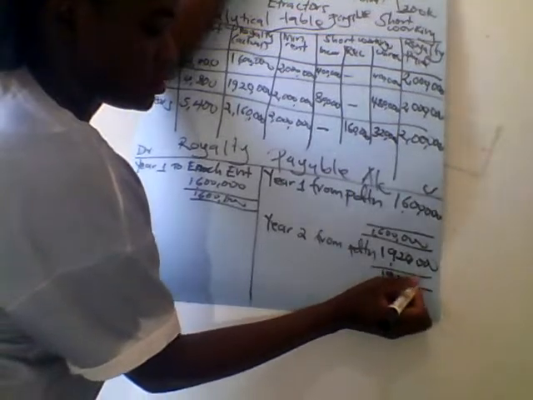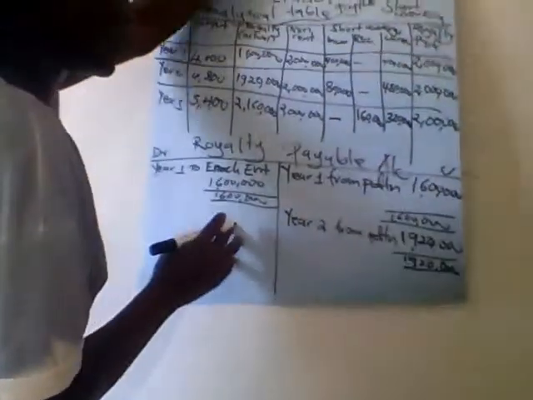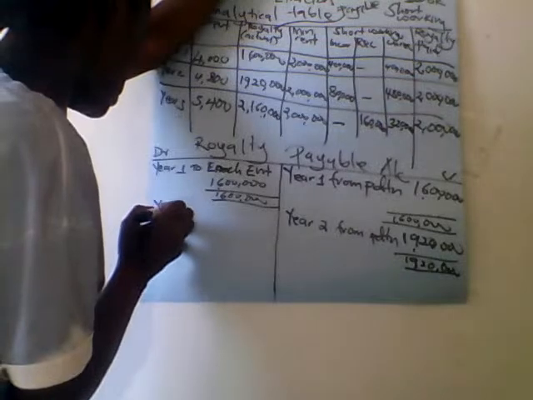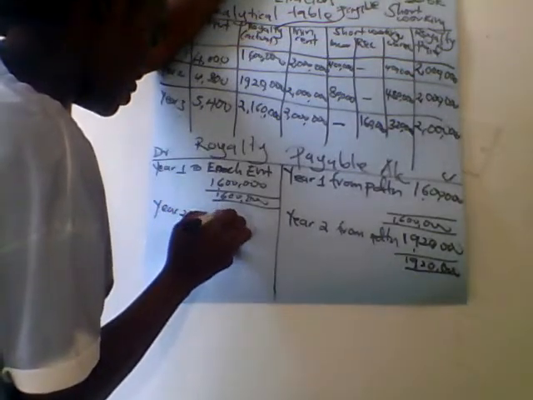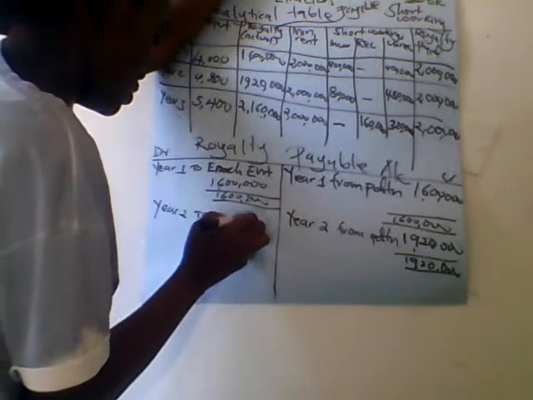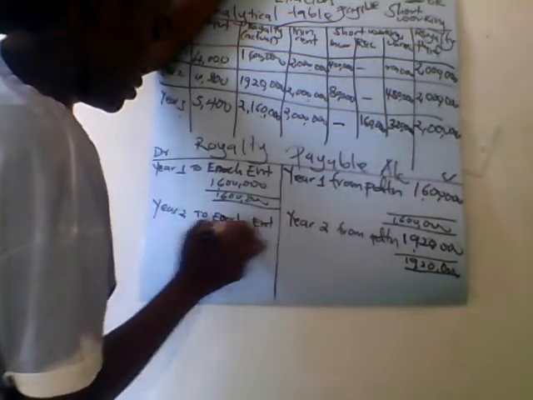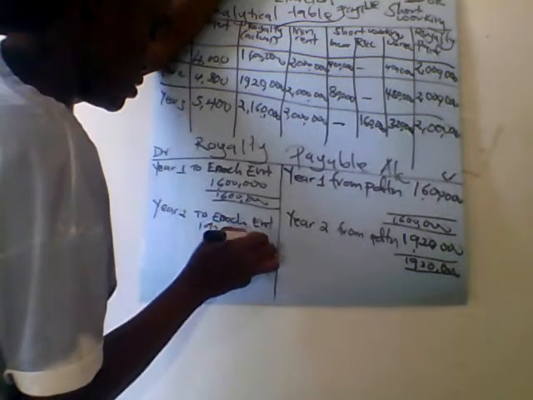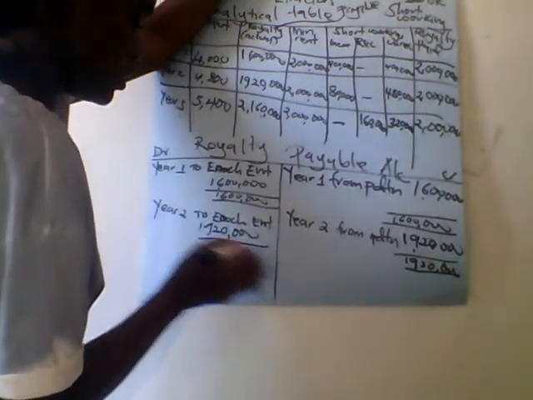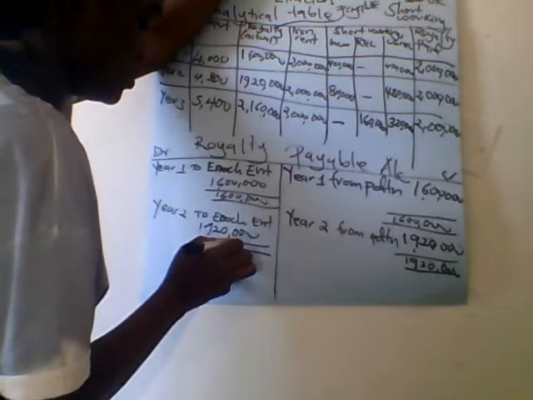Then this side you write here to Enoch 1920, like that, 1920.